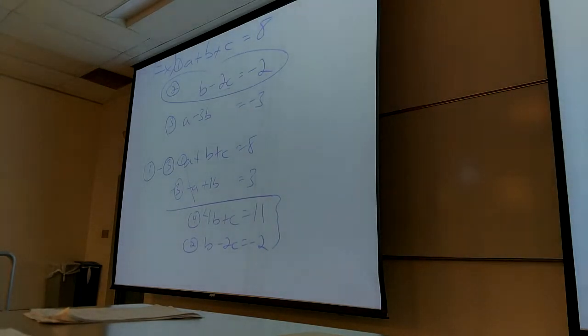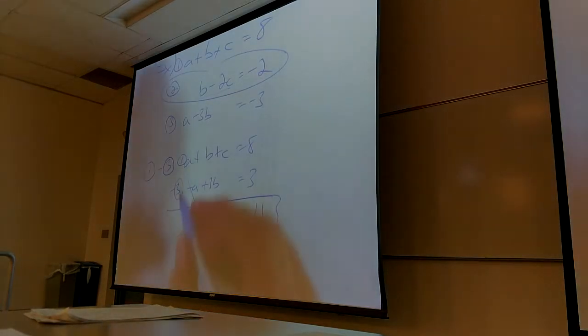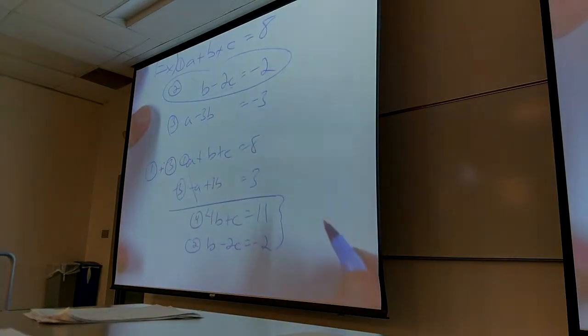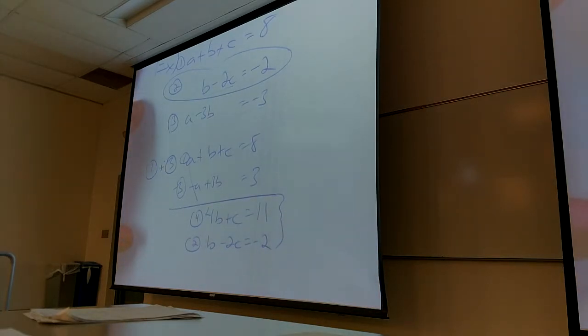Sorry? Okay, let me write this one a little bit differently. This is 1 plus negative 3. I'm always going to add the equations together. So what do I always want to make sure is true about the variable I'm trying to kill? I want them to be the same number of different signs. So they'll cancel, right?